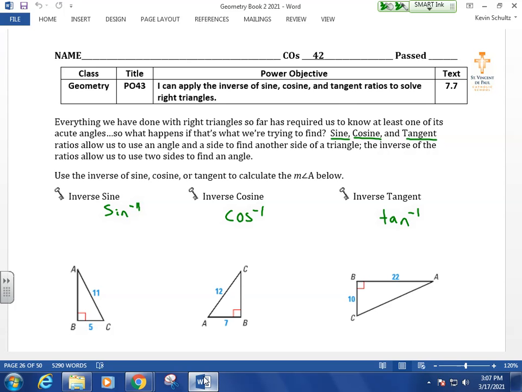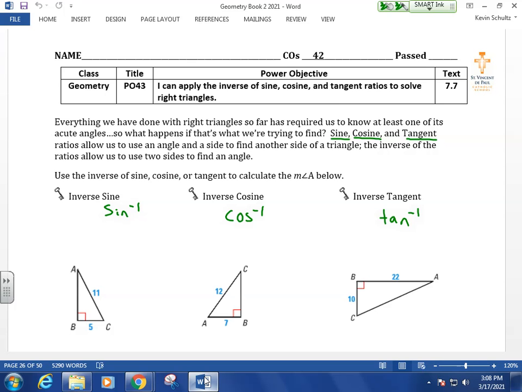It's really referred to as the inverse of sine, cosine, and tangent. It looks like it's to the negative one, but it's a little bit different than that. Again, I'm going to remind you, please make sure that your calculator is in degree mode. Radian or anything else is not going to work for you.